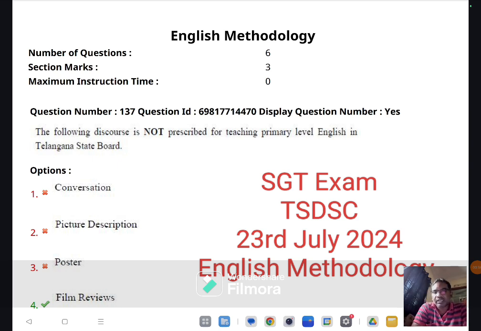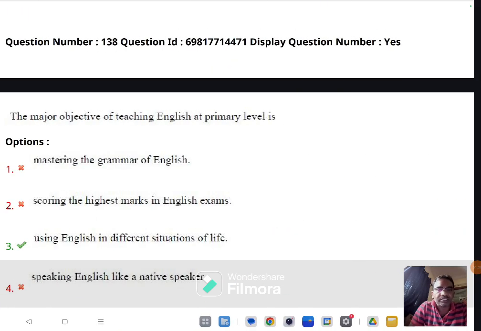The options are conversation, picture description, poster presentation, and film reviews. Conversations are given, picture description is part of the Telangana State Board, and a poster presentation is there, but not film reviews. That is the answer.